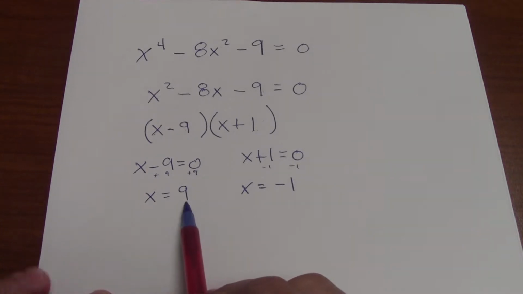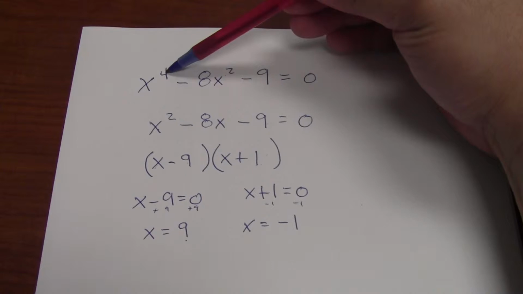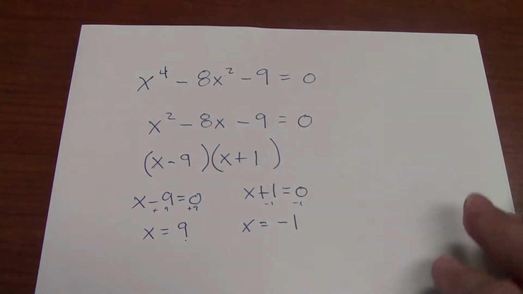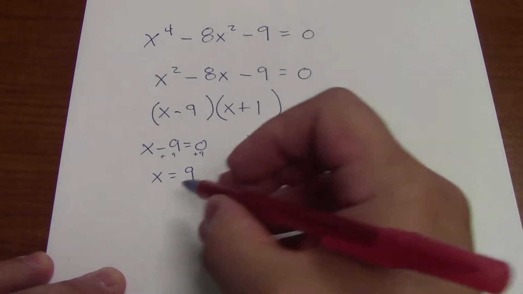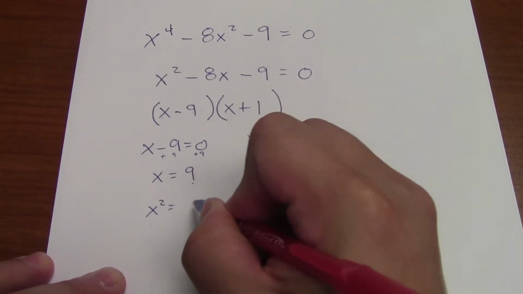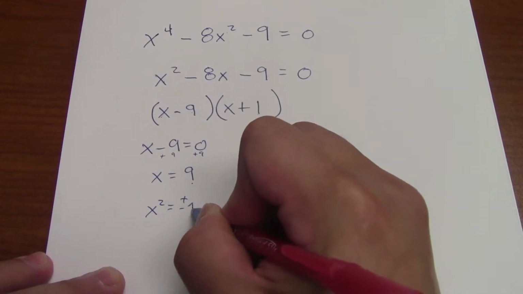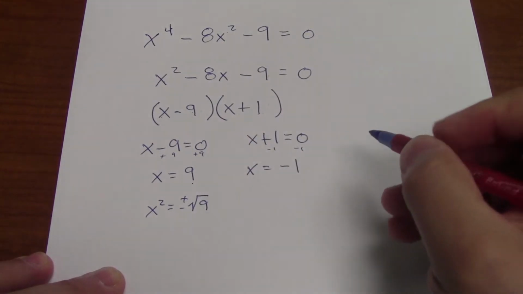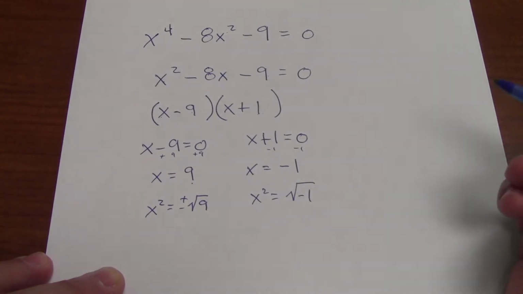All right. Now, I took the x squared out of these ones, so I have to put it back in here. So once you get to this point, all you have to do is just add in that x squared. So I'm going to say x squared is equal to 9, and x squared is equal to negative 1.